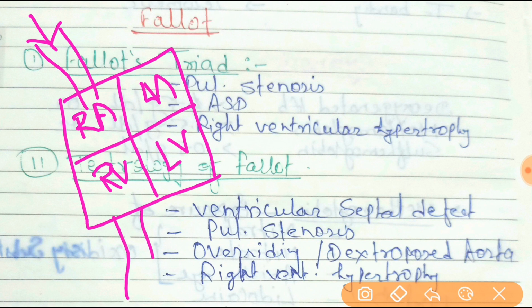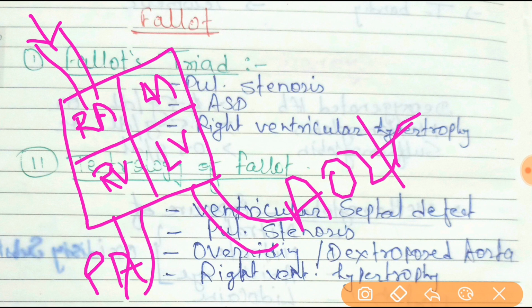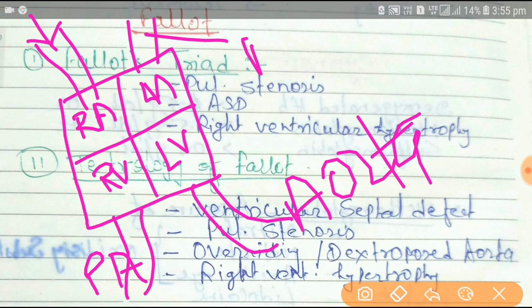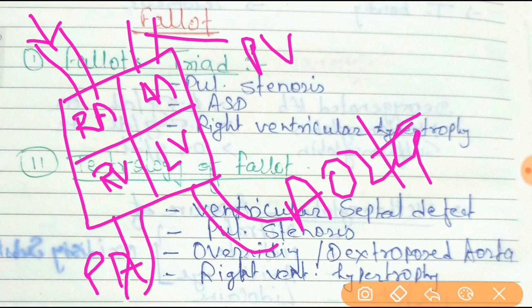This is the pulmonary artery. Here it is the aorta, and it is the pulmonary vein. Okay, first of all, the triad.